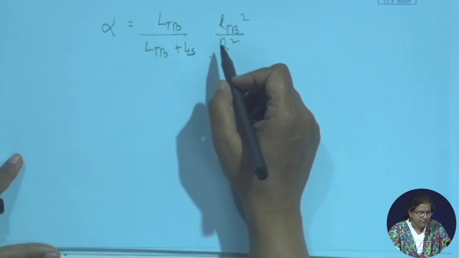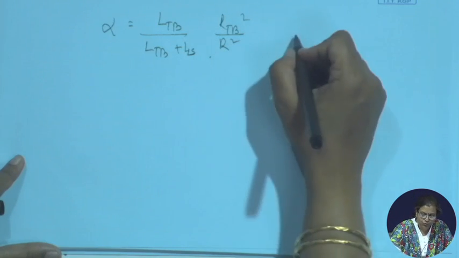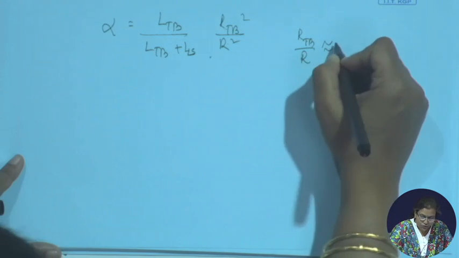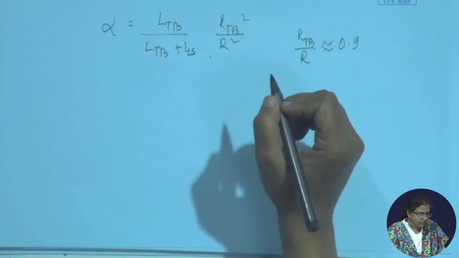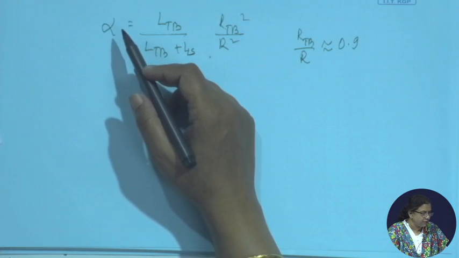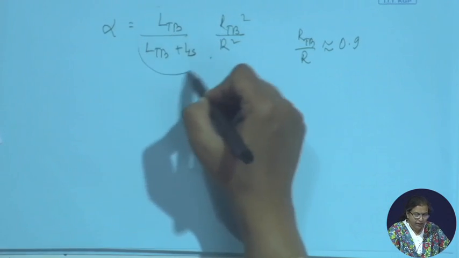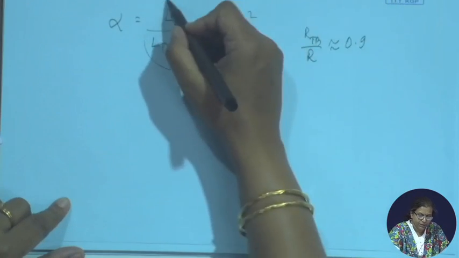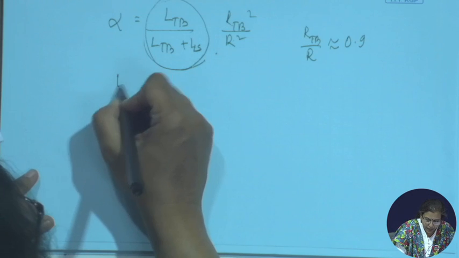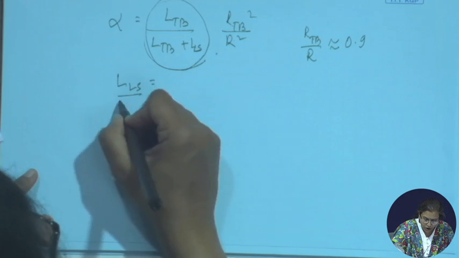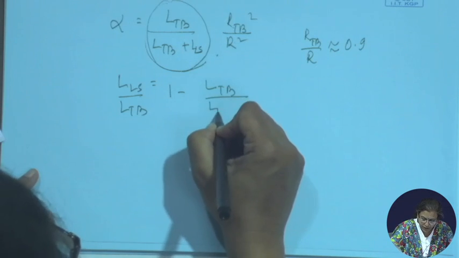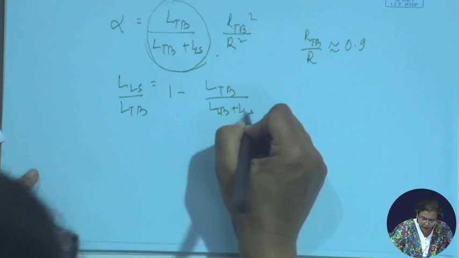And several experimental investigations have shown that usually RTB by R is close to 0.9. Okay. So, therefore, this can easily be substituted in the expression of alpha, and from there one can very well estimate the relative length of the Taylor bubble, and the relative length of the liquid slug is nothing but 1 minus the relative length of the Taylor bubble, as is quite evident, right.